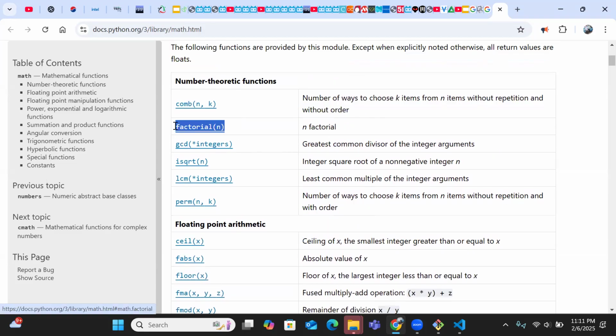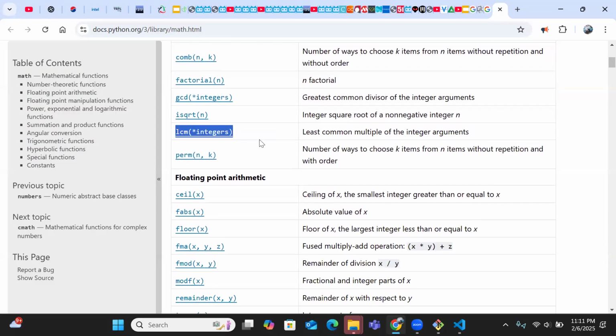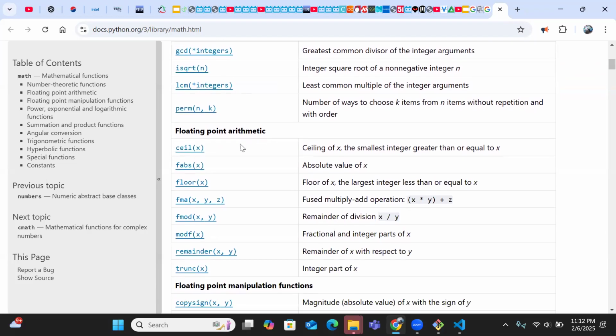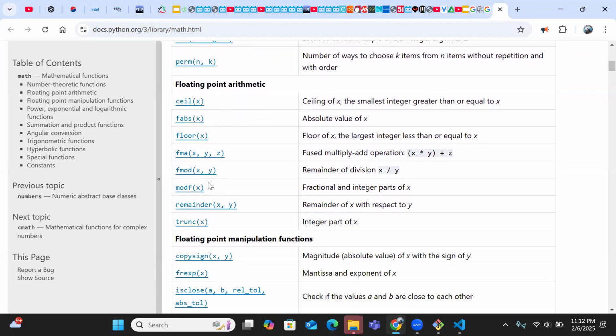It even has factorial. Do you know factorial? Like 2 factorial is 2 times 1. 10 factorial is 10 times 9 times 8, all the way down to times 1. Then GCD, LCM, square root. Then there is floating point.